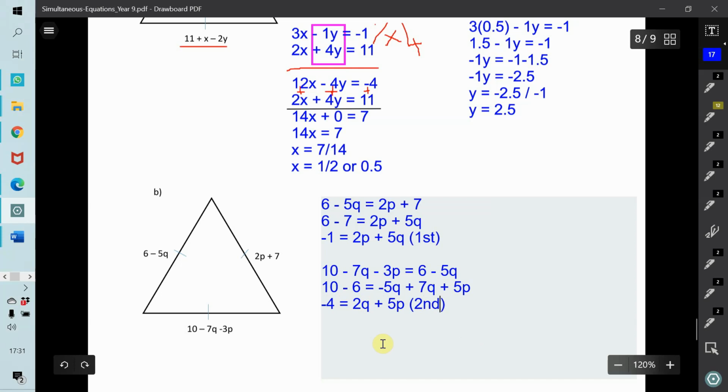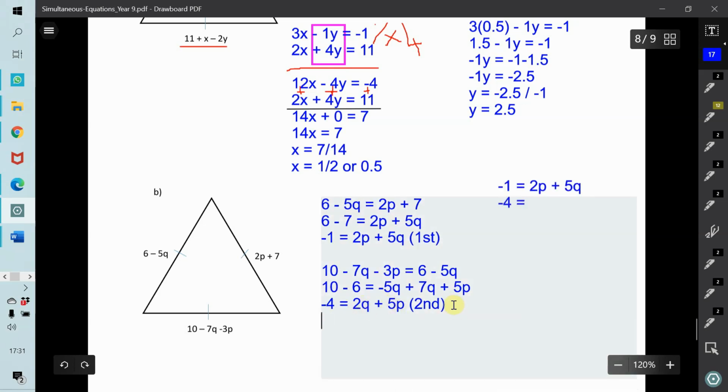Now I'm going to write them underneath each other. So minus 1 equals 2p plus 5q, and underneath minus 4 equals, now I'm noticing that the 2q, if I write it over here, there is a p, so this one I'm going to flip them round.